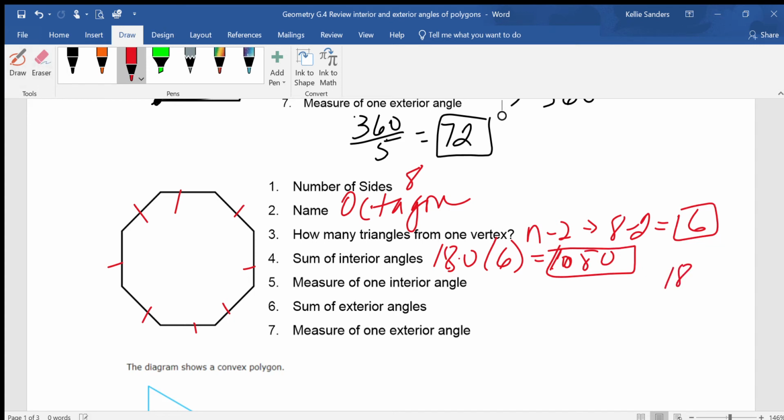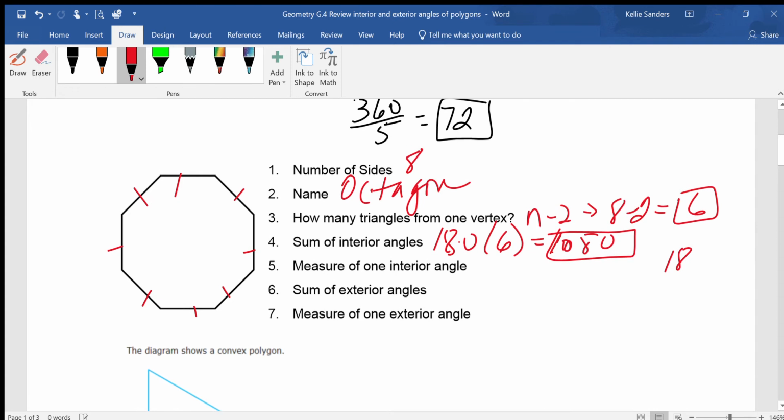That's not right. 1080 divided by how many sides there was to begin with, which is 8. 135.